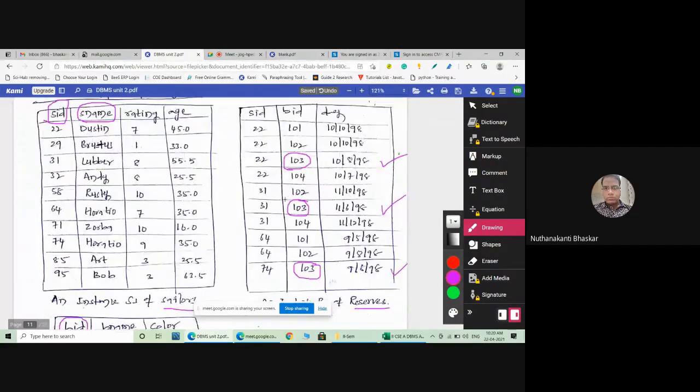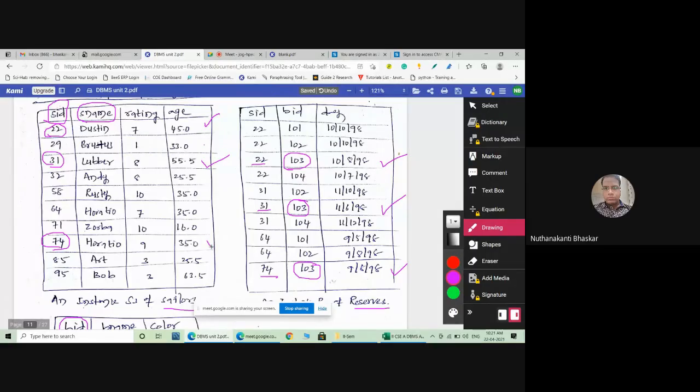SID is the common, means 22. The 22 will come out. Is there any other? No. And 31, the 31 will come out. Is there anyone? No. Next one, 74. Now 74 will come out. That means these three records will come out.